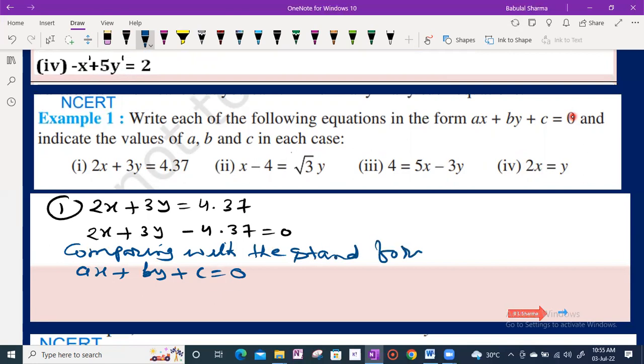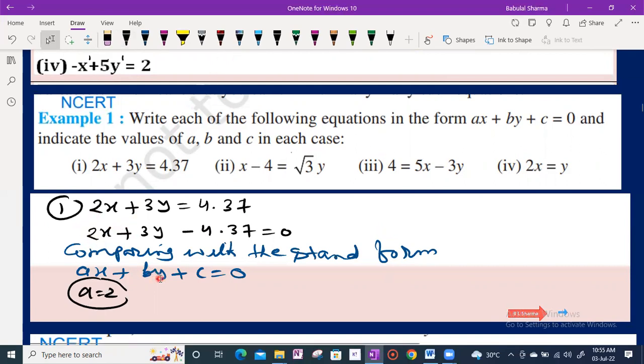Comparing with the standard form. Here you compare both x, base 2x and ax. In place of x, and it means a will be equal to 2. Therefore, a will be equal to 2. Means the coefficient of x is a. Here the coefficient of x is 2.